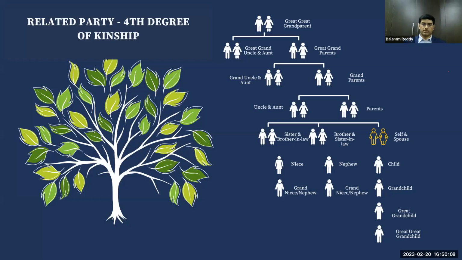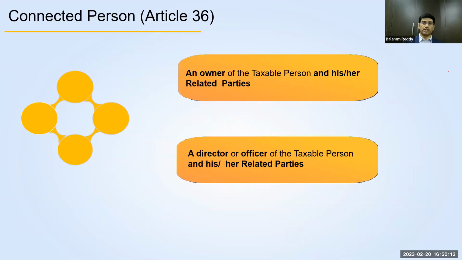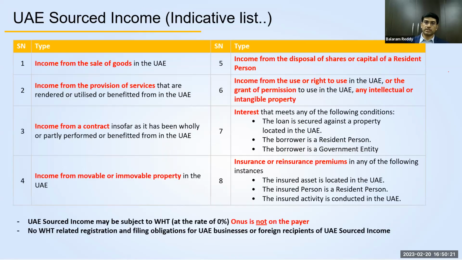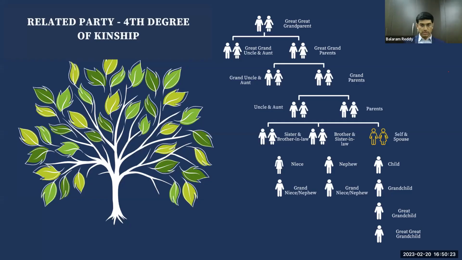Now, when we say relatives of the owner, director, and officer, at what degree of kinship will they be considered related persons? They say that not only the individual and the immediate family, but 4 generations above and 4 generations below.